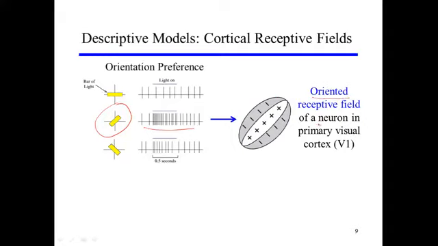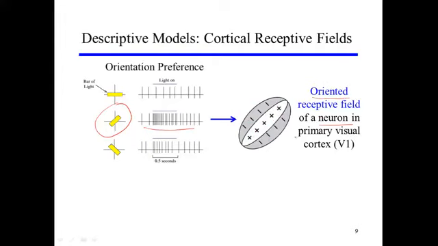And the neurons or cells in the visual cortex, in this particular case the primary visual cortex, tend to respond the best to bars such as this one, a bright bar in a dark background. So the black or the gray over here represents a dark background, and so we have a bar that's bright, that is oriented at 45 degrees, and that is what the particular cell that we saw in the movie responded to best.